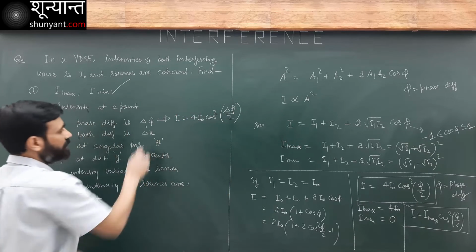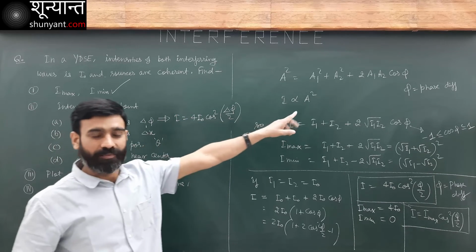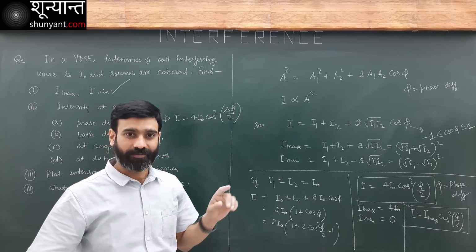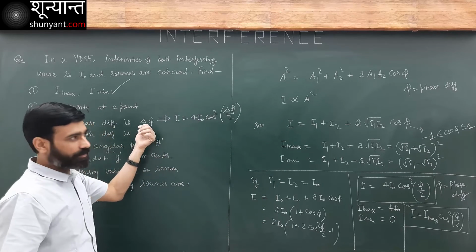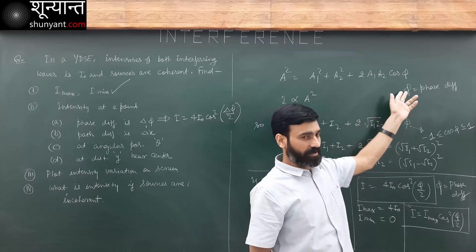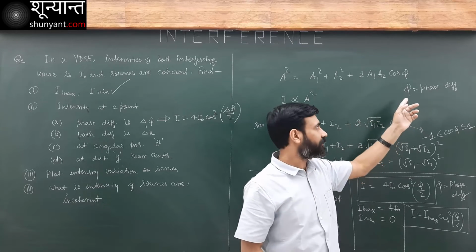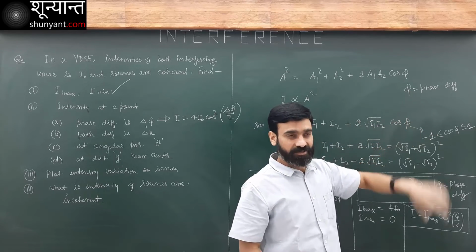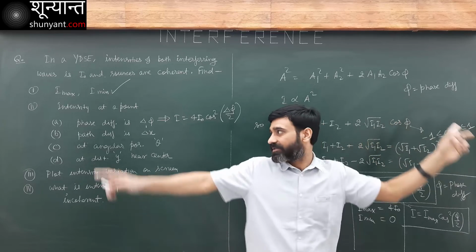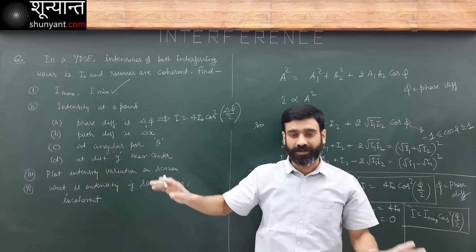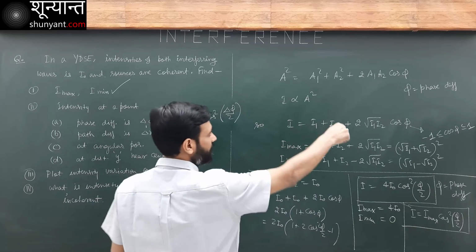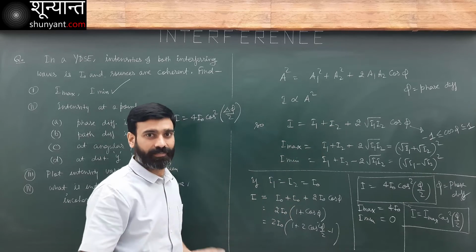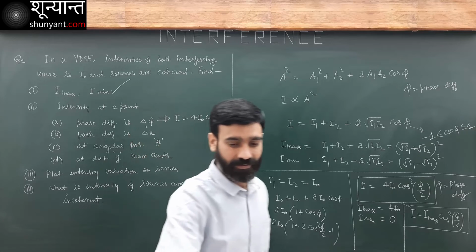You see, delta phi and phi are both the same. Do not be confused. This is phase difference, and this also is phase difference. So in place of phi, I can also write delta phi. It means the same thing.